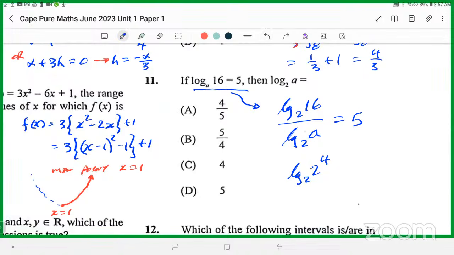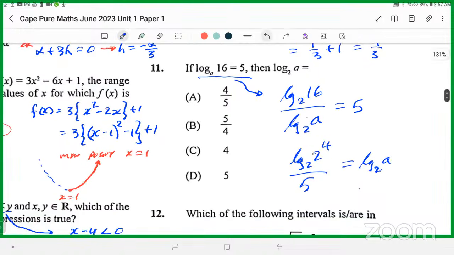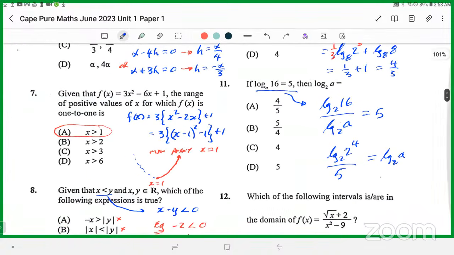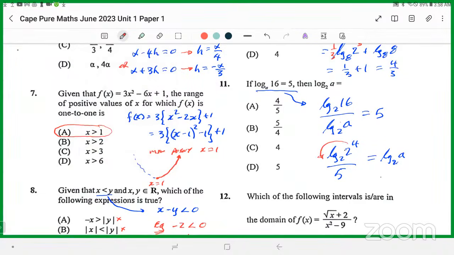I'm going to put this over 5 and put the log to base 2 of 8 over on this side of A, log to base 2 of A. This expression becomes a 4. This 4 comes to the front, and this becomes a 1. So it becomes 4 over 5. So the answer is 4 over 5.